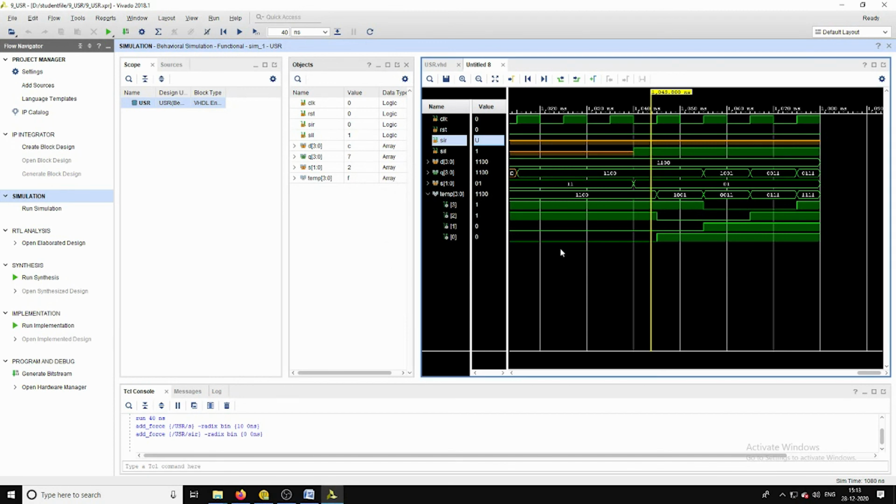In this right shift operation, the temporary signal's MSB bit is going to be occupied with the SIR value, which is 0 now. The 0 should occupy the MSB position, and the previous MSB bit value should be transferred to the next location, and the same process continues until the last bit.